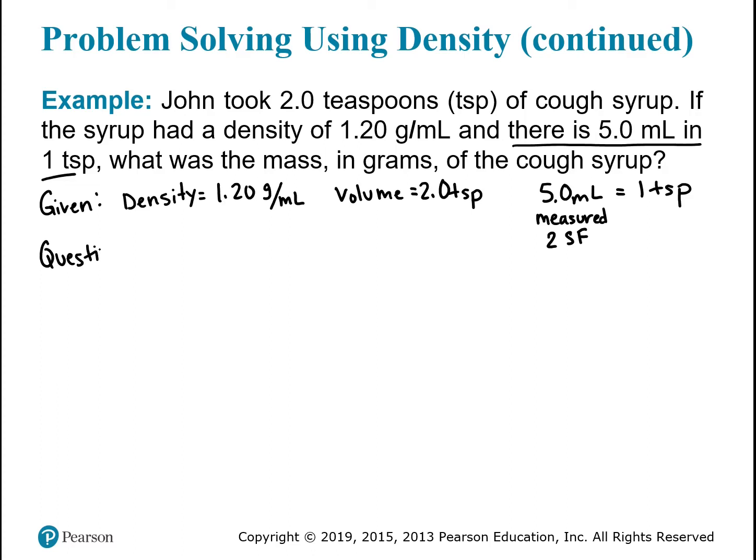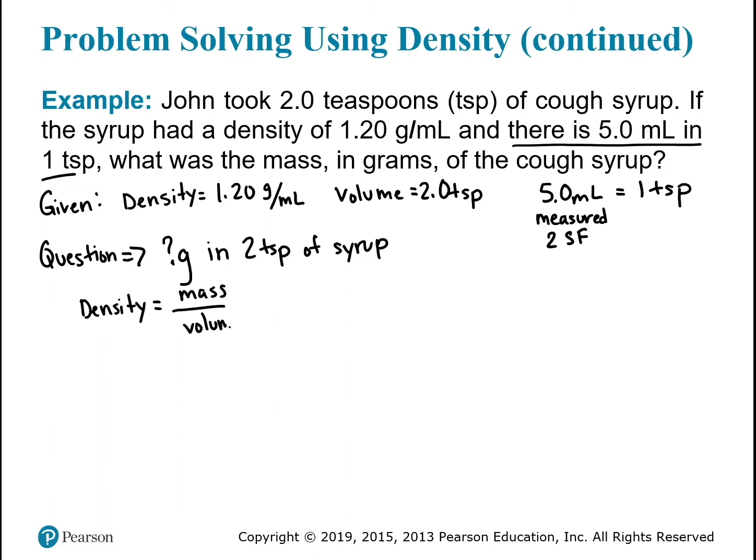With all that information, what is our question? We need to know the number of grams in 2 teaspoons of this cough syrup. What else do we know? Well, we know that density is equal to mass divided by volume, and that we can rewrite the density as a conversion factor.